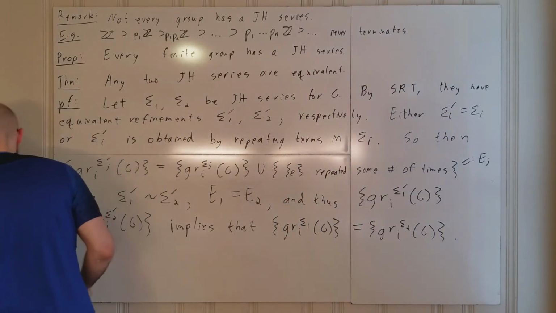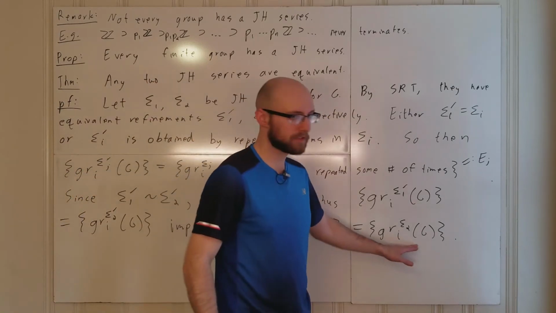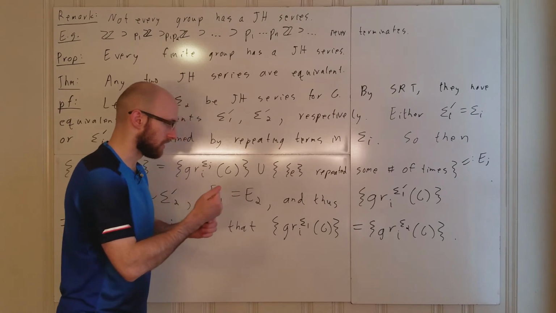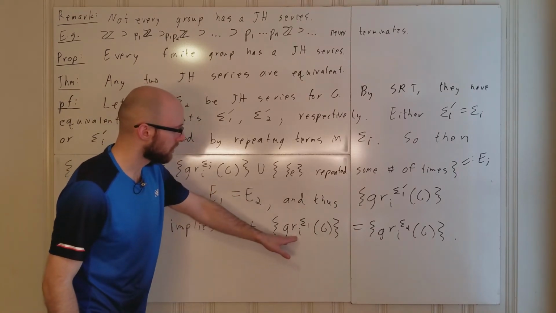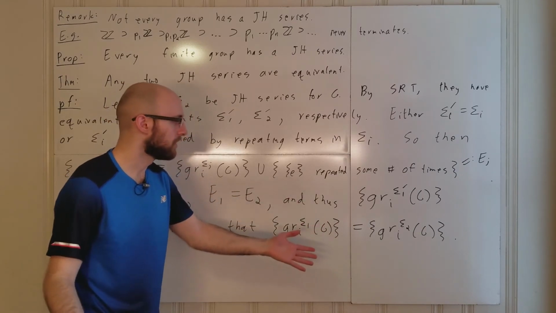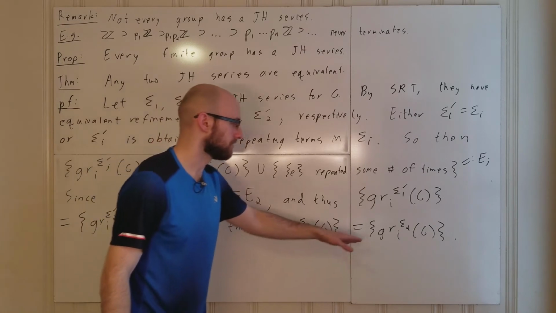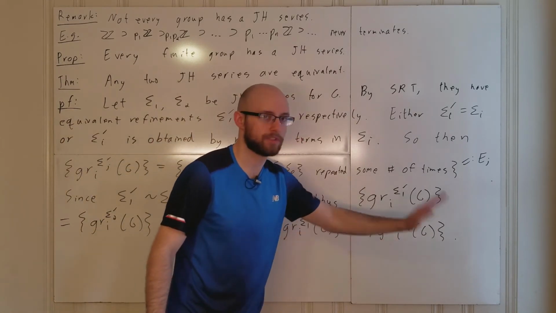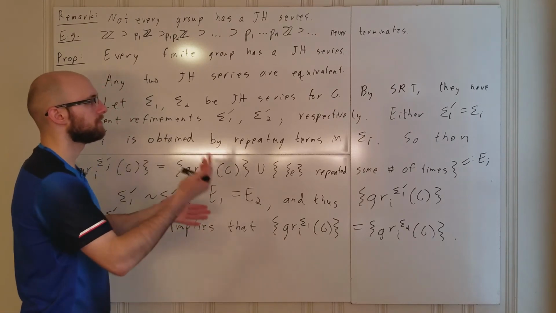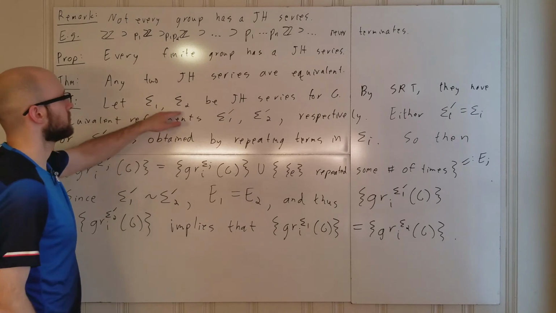But then what does that mean? That means that the number of elements in here has to be the same as the number of elements in here. And it also means that for every gr_i1 of sigma 1, G, there is some i2 in here such that gr_i1 of sigma 1, G is equal to gr_i2 of sigma 2, G. And what that tells us is that we have a one-to-one correspondence between the graded pieces of sigma 1 and sigma 2.